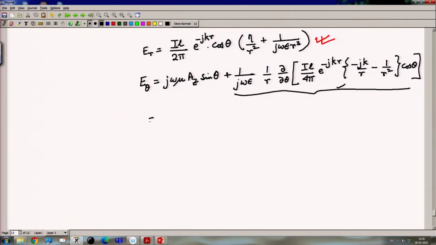And that now on substitution of A z becomes equal to j omega mu I L by 4 pi r e to the power minus j k r sin theta, and we need to do just this theta differentiation.